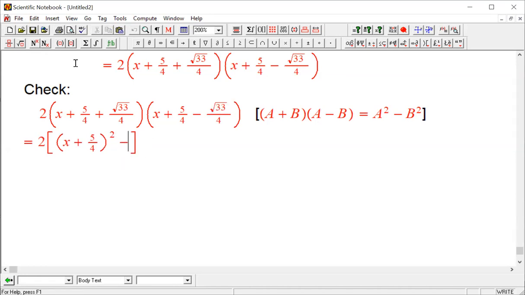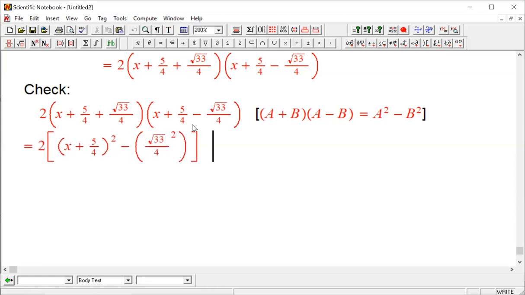So this is our b squared. 2 is still outside, and we're taking care of the inside. So we're going to FOIL the x plus 5/4. That's going to be a plus b squared.